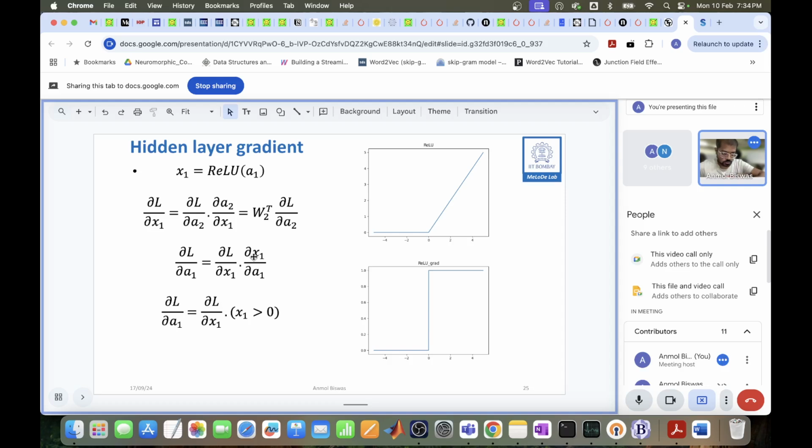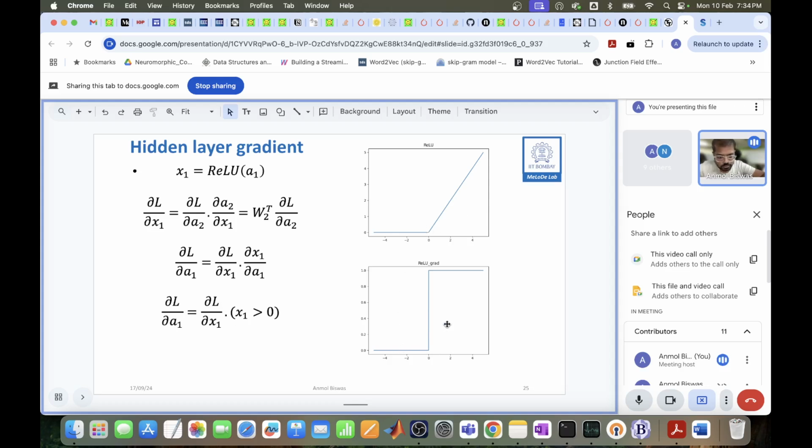This extra term is the gradient of the ReLU function. And the ReLU function, like I described, looks like this. It's 0 until 0, and then it becomes linear. It is the simplest nonlinear function that you can apply as an activation function.